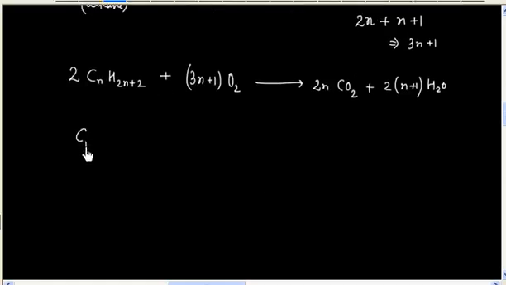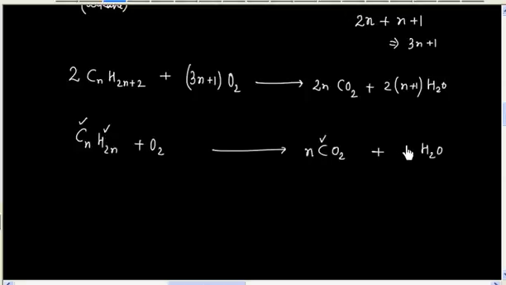Similarly, we can balance, let us say, CnH2n plus O2. This gives you CO2 plus H2O. n carbon, multiply by n. We have 2n hydrogen, so multiply by n. Now we will have 2n plus n oxygen, that is 3n.